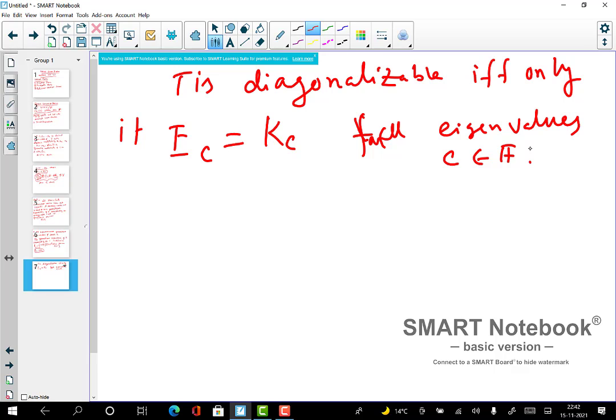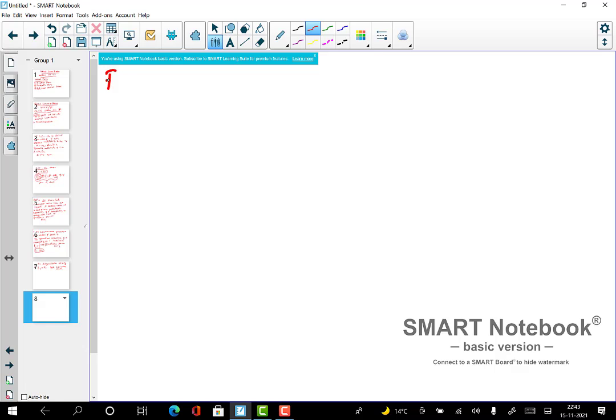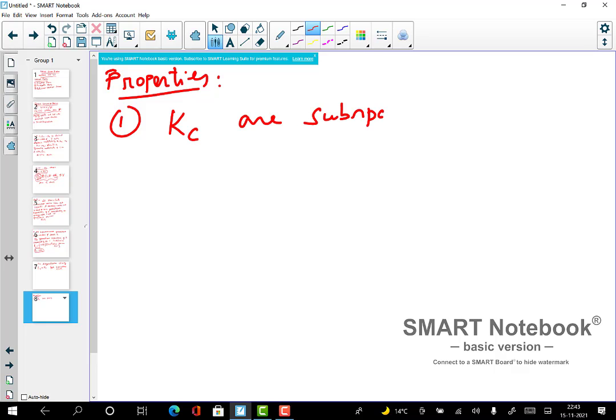So what are the basic properties of these generalized eigenspaces? Let us try to understand these. Obviously these K_C are all subspaces of V, containing the eigenspace.